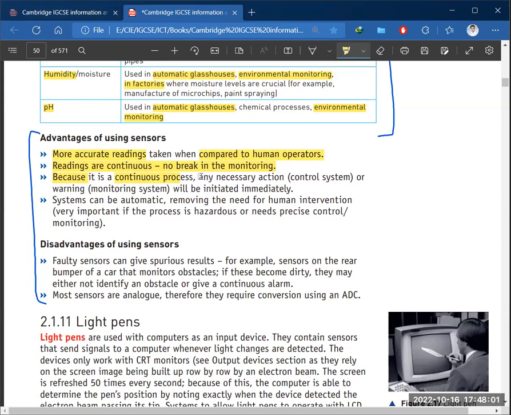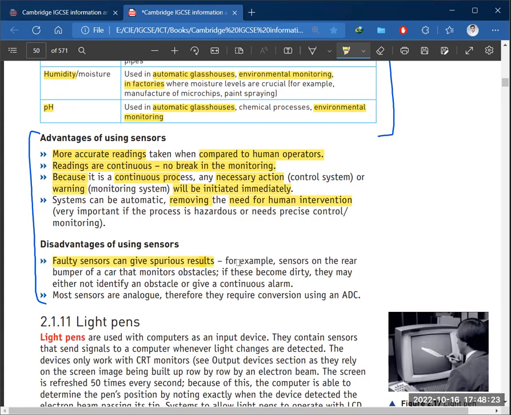Any necessary action, control system or warning monitoring system will be initiated immediately. Systems can be automatic, removing the need for human intervention. Very important if the process is hazardous or needs precise control monitoring.